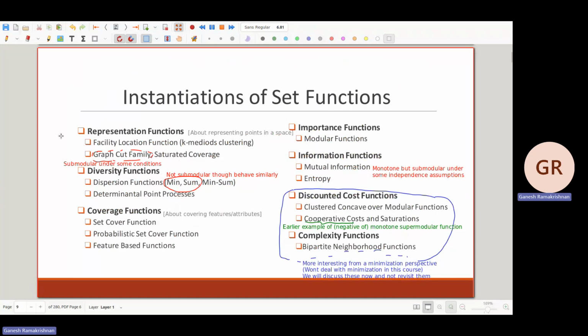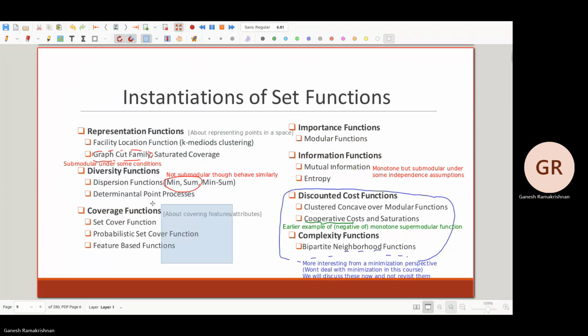For example, representation functions, like the previous project presentation: I want a bunch of points which are representative, but in that process they were missing out on diversity. Diversity is another class of functions. Representation functions are facility location and graph cut. Diversity functions are dispersion functions and determinantal point processes. They try to find a very diverse set of points.